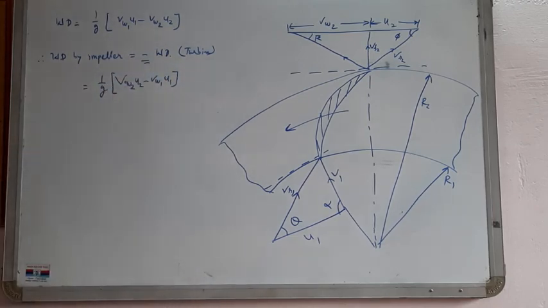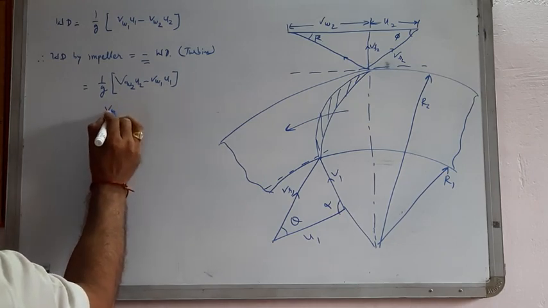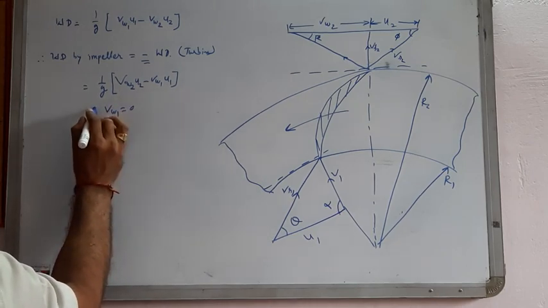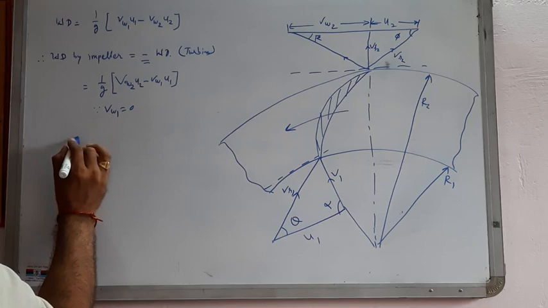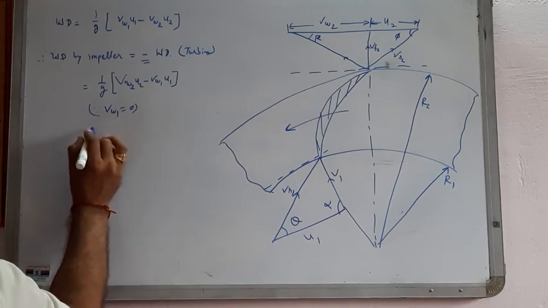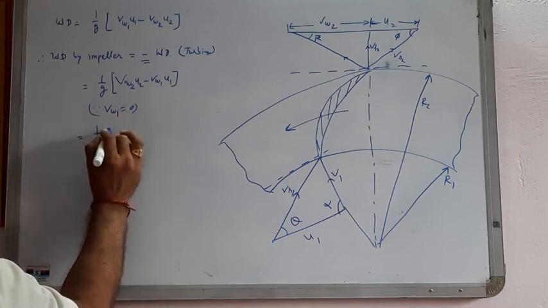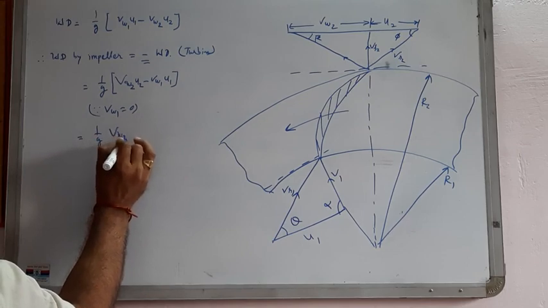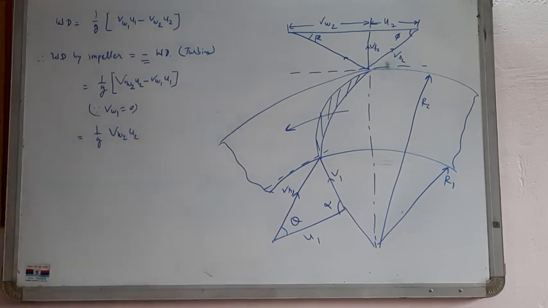So as we know here VW1 equal to 0, so this work done equal to 1 by g VW2 U2 is the work done by impeller on water per second.